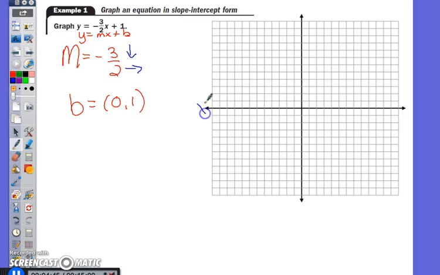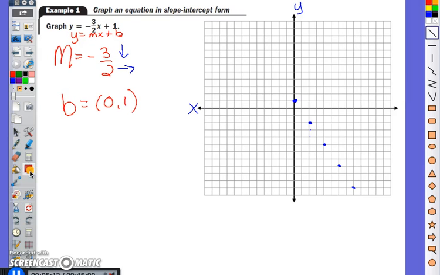Let's just say, for funsies, that the horizontal is the x-axis and the vertical is the y-axis. In the middle is 0. So we graph b first. So we go to 1. We put our dots. Then we go down 3, 1, 2, going to get my nice straight line.